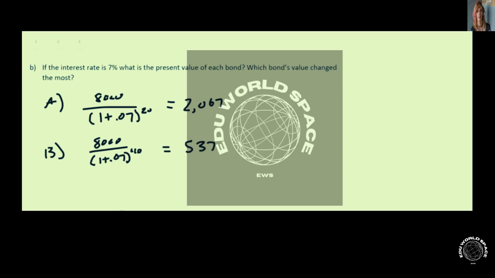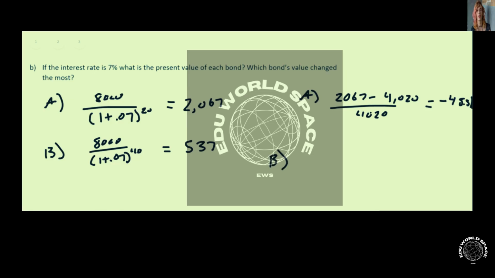So now, which value has changed the most? This is just a simple percentage change, so we're going to do bond A first. It's this 2,067 minus the value at the interest rate of 3%, which is 4,020, divided by 4,020. And this equals a minus 48.5% change.